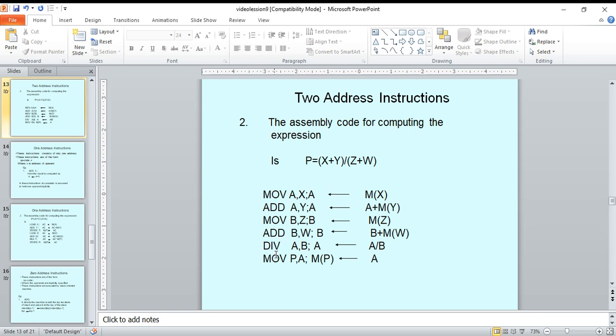DIV is nothing but division, and then A B, so we can write A by B. After the division operation, once again the result was placed into A, and then we have to move this A register value to P. Why? Because in the given expression, finally the result is assigned to P. So we have to use one more instruction, the MOV instruction, for transferring the data from register A to register P.